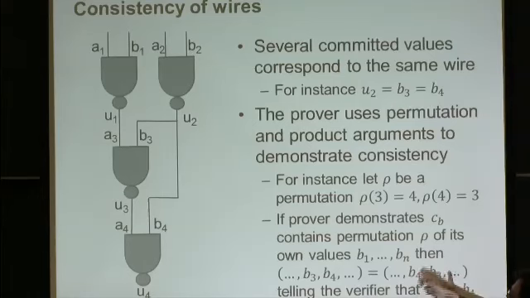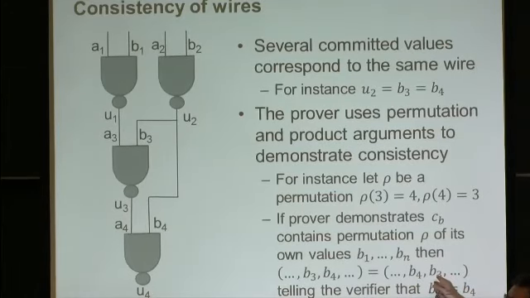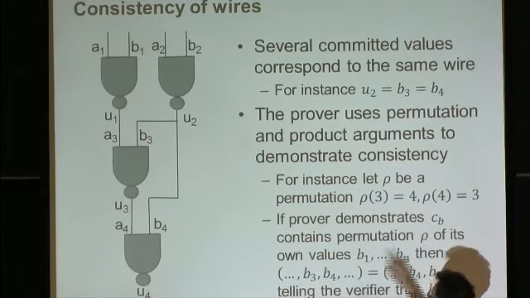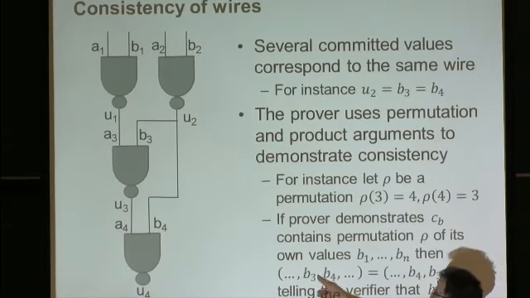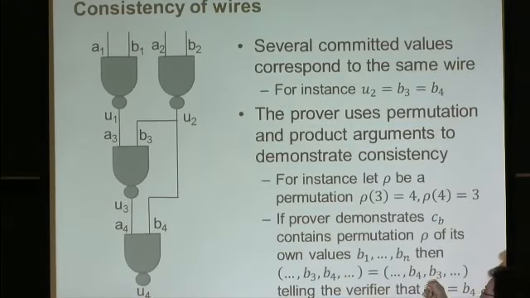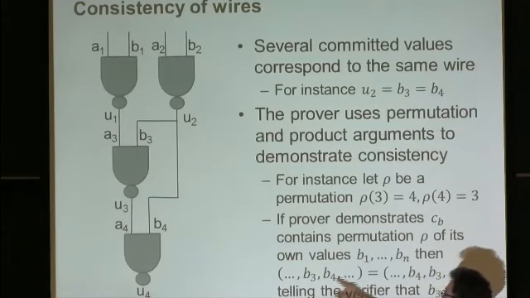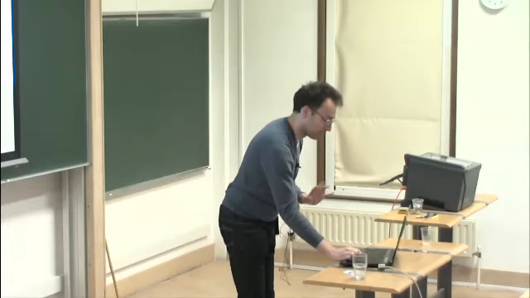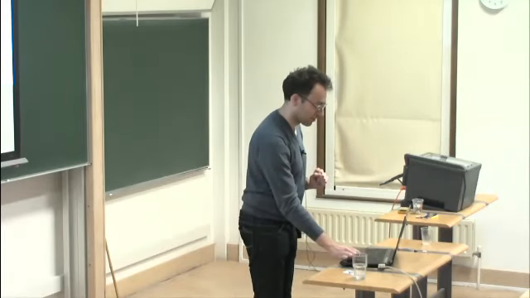And then after the permutation, we would have B4 here and B3 here. Now, if we have this permutation argument that shows that these are actually the same, then we're guaranteed that those values are actually the same. Anyway, I'm not going to go into the details of the permutation argument, but that's essentially used to show that we have consistent assignment of values to the wires.